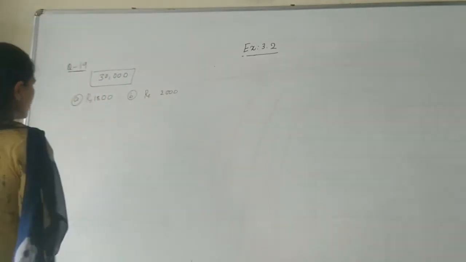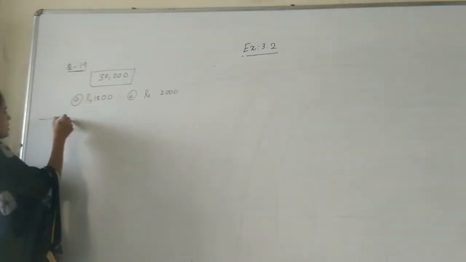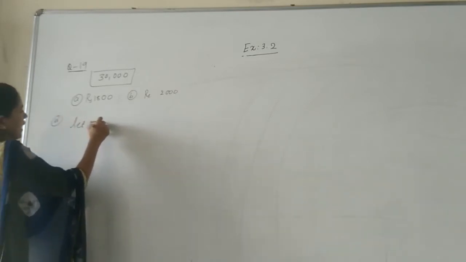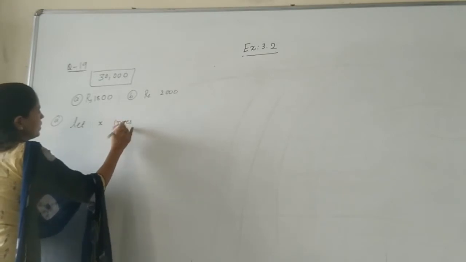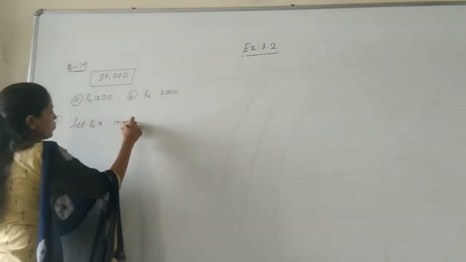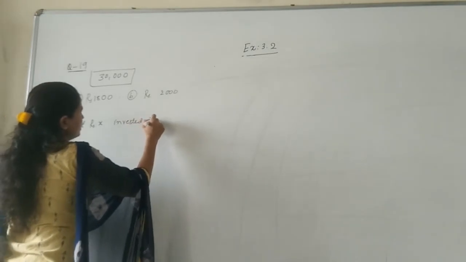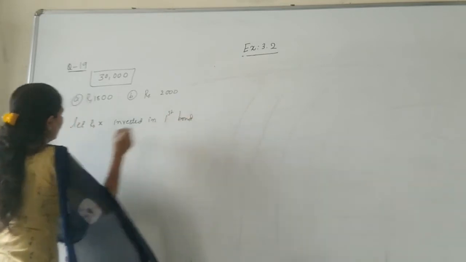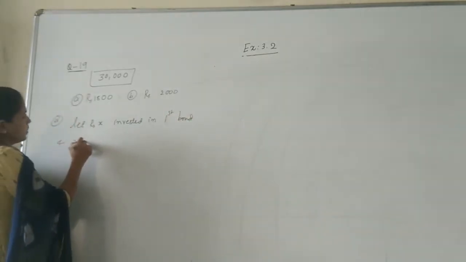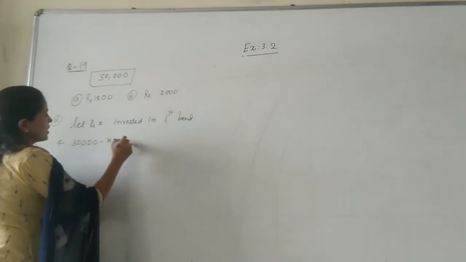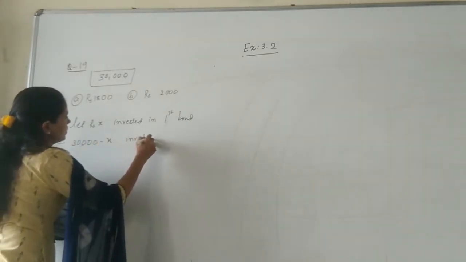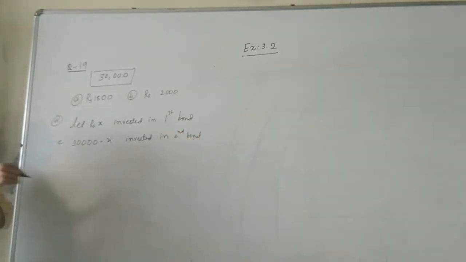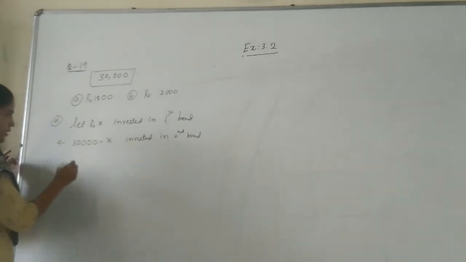So for matrix multiplication, what will we do? So we start from here. First one, A, how much interest? So for this we are taking x invested, that is x invested in the first bond. Okay, and 30,000 minus x invested in the second bond. Okay, so now we are going to apply the matrix multiplication.